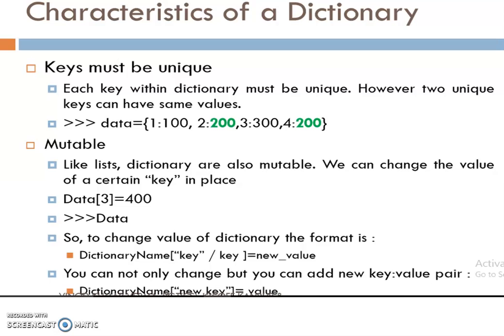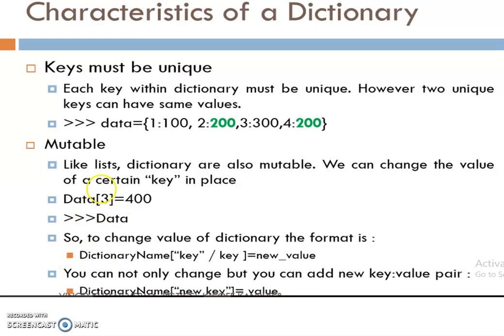The next characteristic is mutable. Like lists, dictionaries are also mutable. We can change the value of a certain key in place. Here data of 3 is equal to 300. But when you use data of 3 is equal to 400, this 300 will be replaced by 400.